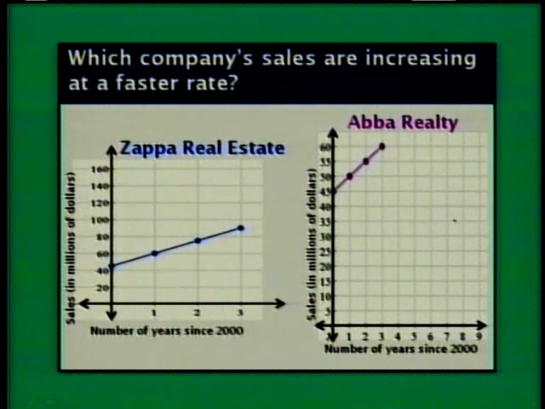Well, of course, in their advertisement, that's what they would like us to think, but we looked at the slopes and saw that Zappa's sales are actually increasing a lot faster than ABBA's sales. We need to be careful when we're watching the news, reading a magazine, reading the paper, that we pay attention to what our units are, how the graph is drawn, what the scales are.